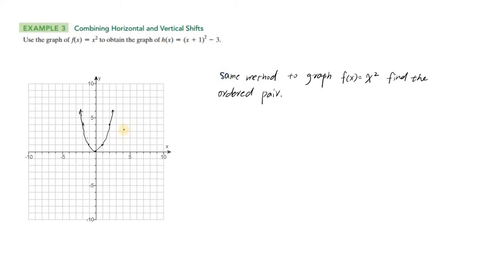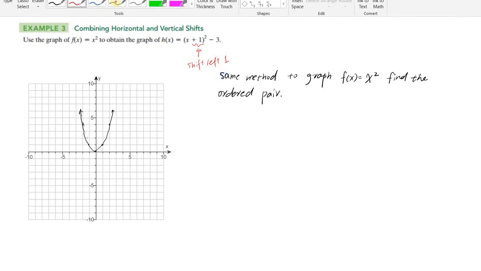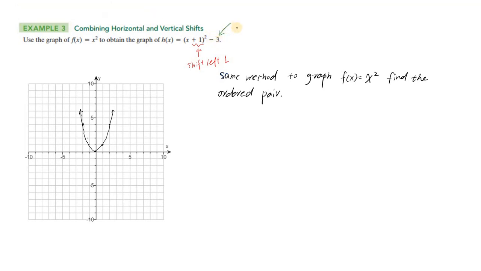So once we have that, we look at this first part. X plus 1, the whole thing squared, that is the form of horizontal shifting. So this means we're going to shift left 1 unit, and then the 3 here, which is outside, will be down 3 units. So we're going to have left 1 unit. If you don't know what I'm talking about, go back and look again. So what is this?